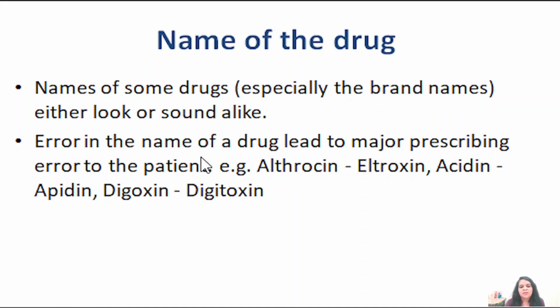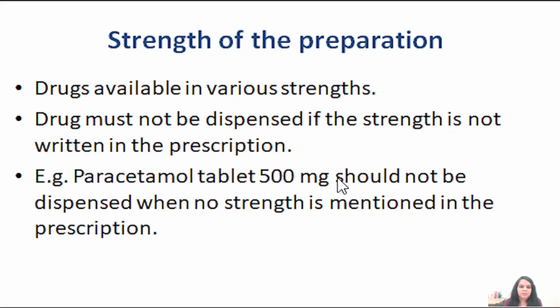So errors in the name of the drug can lead to major prescribing errors for the patient. For example, Levothyroxine, Acidine or Apidine, Digoxin and Digitoxin. Writing a sound-alike drug can lead to a major prescribing error to the patient, and this you should always check for.